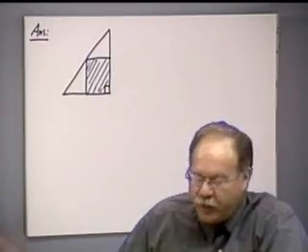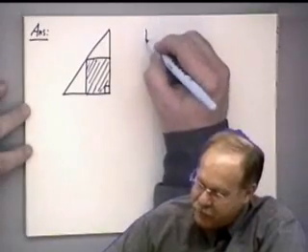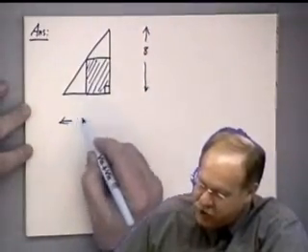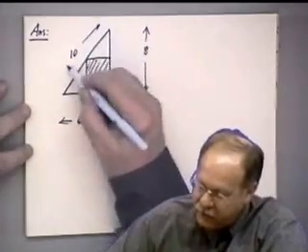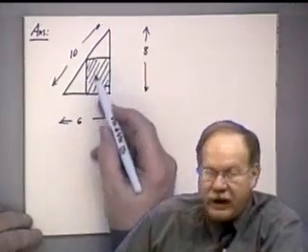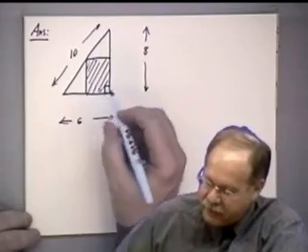Let's see. We have the right triangle here, and the right triangle, if I remember, has dimensions 8 in this direction and 6 in this direction, and it's 10 along the hypotenuse. Now I need to talk about the area of the rectangle, so I'm going to give the lengths of its sides names.